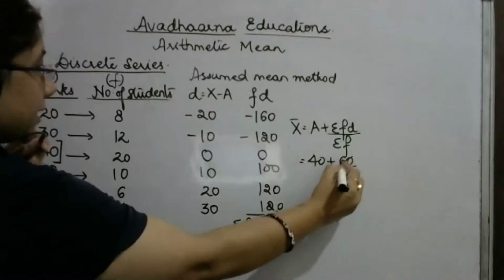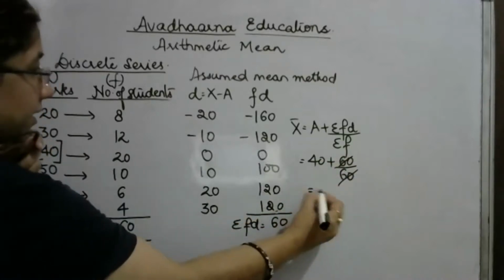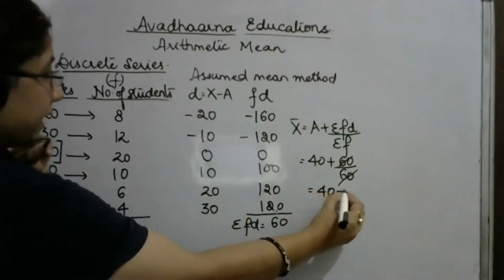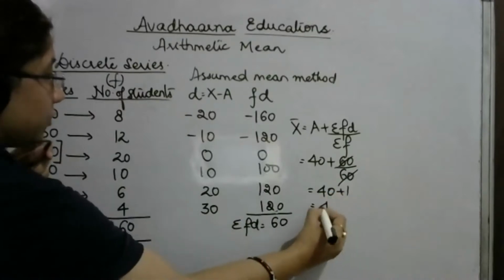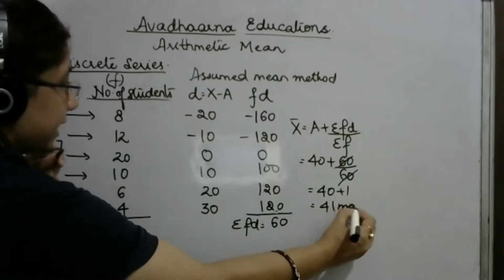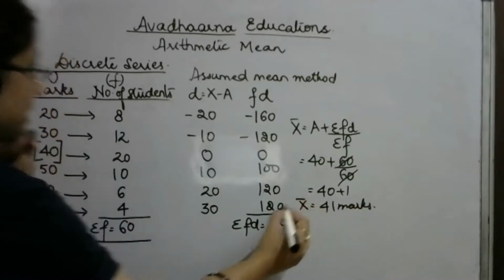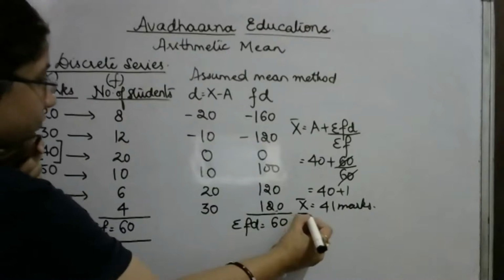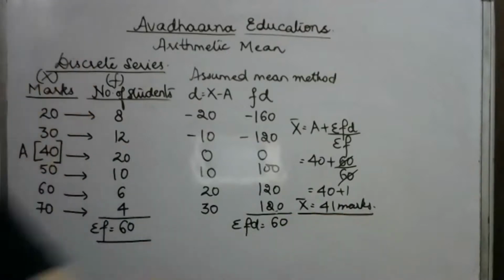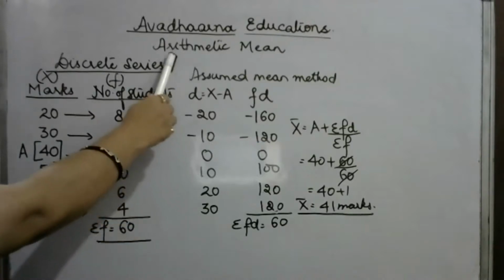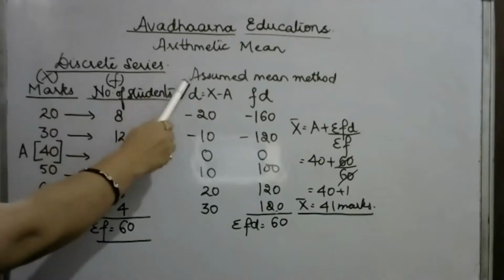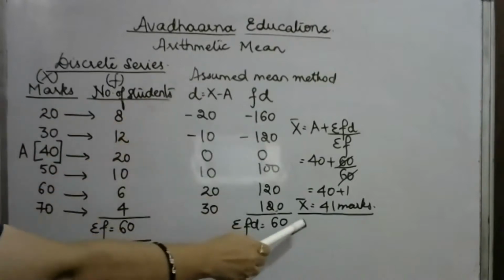So 60 ones are 60. We have got 40 plus 1, which is equal to 41 marks. Again, we have got mean marks of these 60 students as 41 marks. So by this we can conclude that whatever method we use to calculate the arithmetic mean, be it the direct method or the assumed mean method, the arithmetic mean would remain the same.